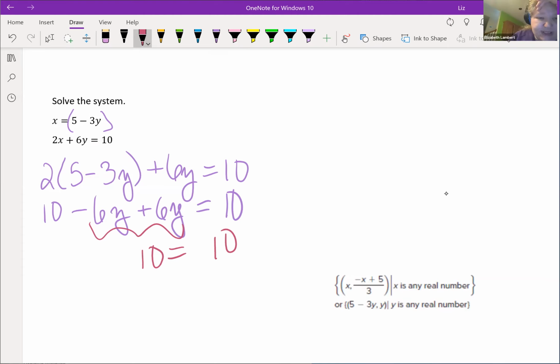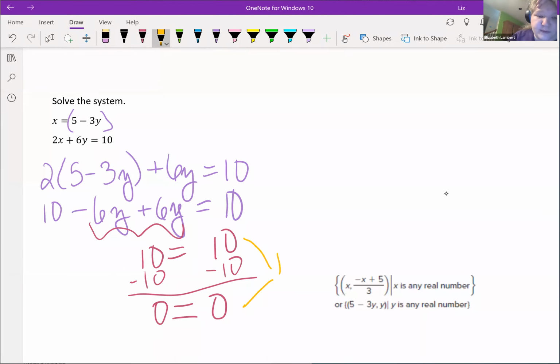And if you're not paying attention or you decided to subtract the 10 over first, you would end up with 0 equals 0. Both of those are true. So when we get a true statement, what it is telling us is that what we thought was 2 equations is really 1.